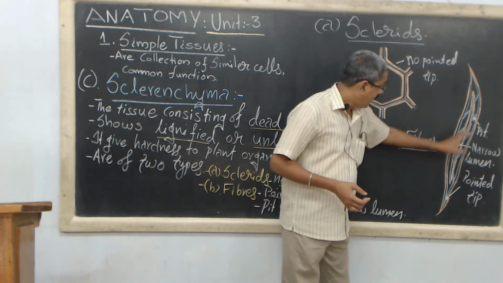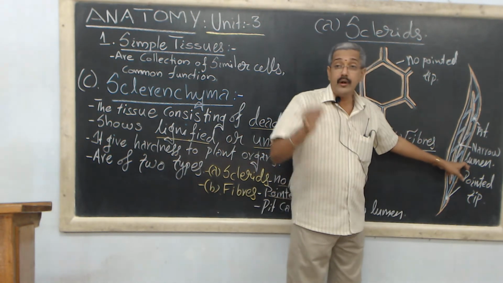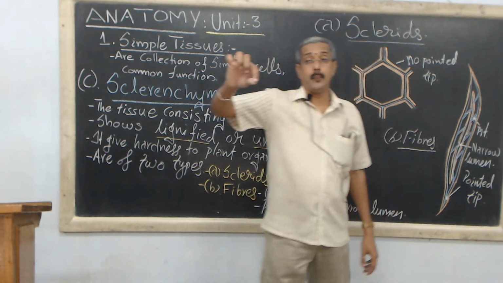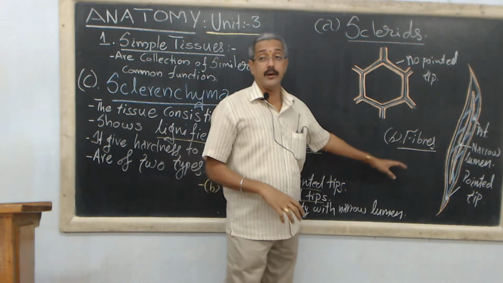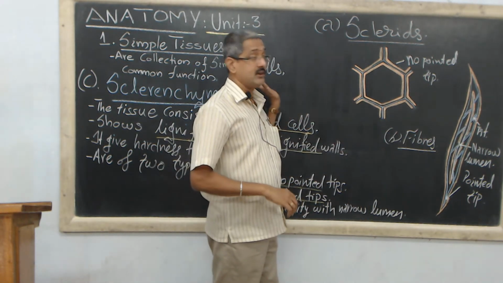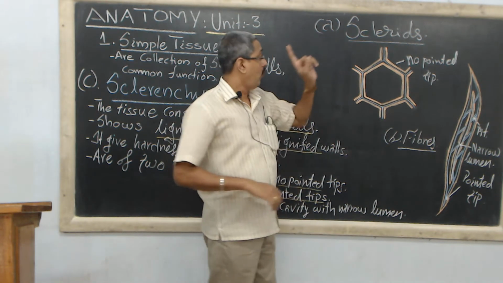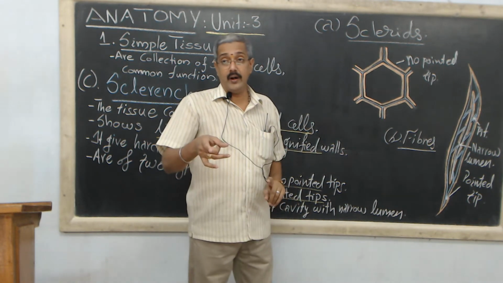At the center there is a narrow lumen, a small space seen in the case of fibers. So sclerenchyma is differentiated into two: sclerids and fibers.